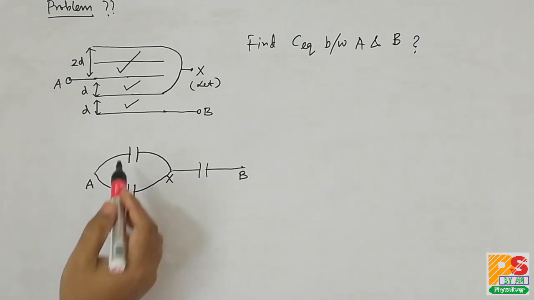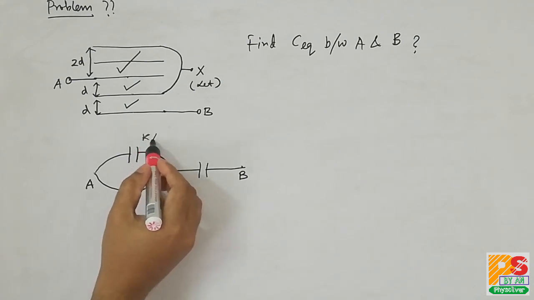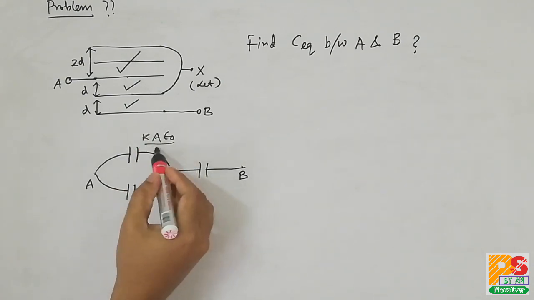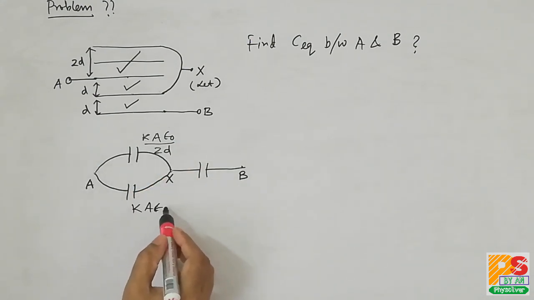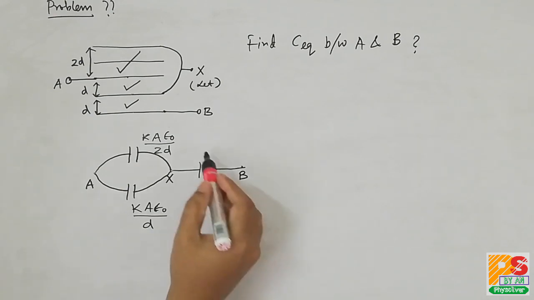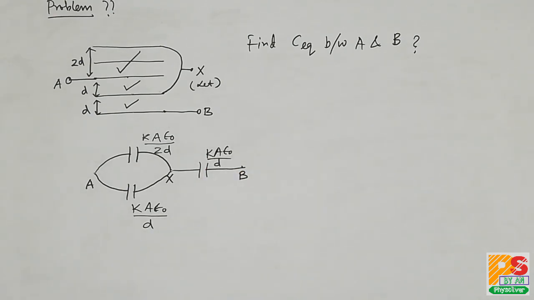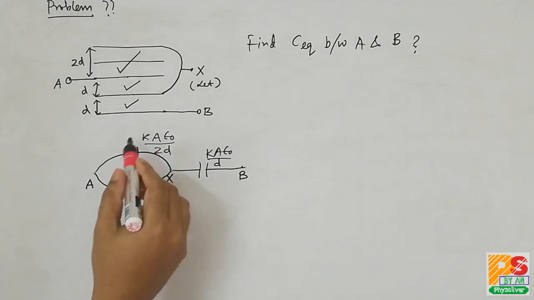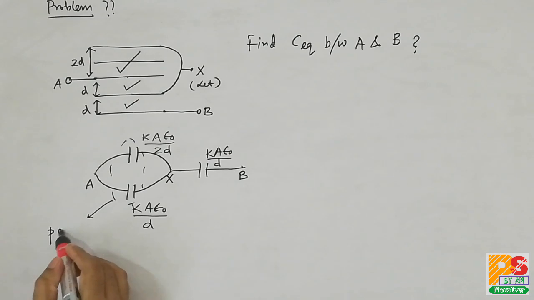So these are the capacitors. Now you have to write their values. For the top one, the thickness is 2D, so it will be K A epsilon naught by 2D, and the next one is K A epsilon naught by D, and this one is also K A epsilon naught by D. Therefore, the two capacitors between A and X are connected in parallel.